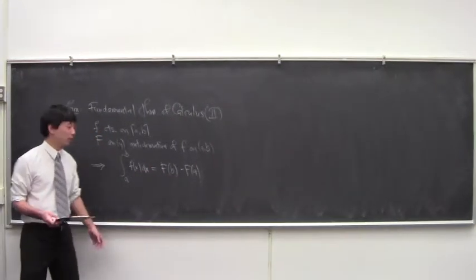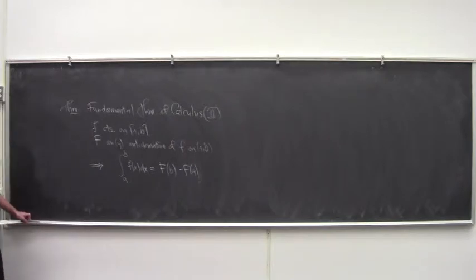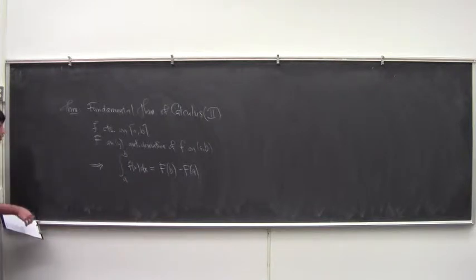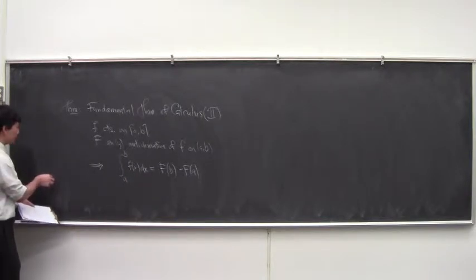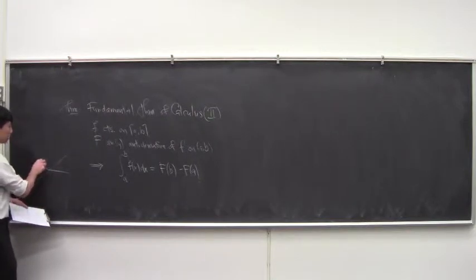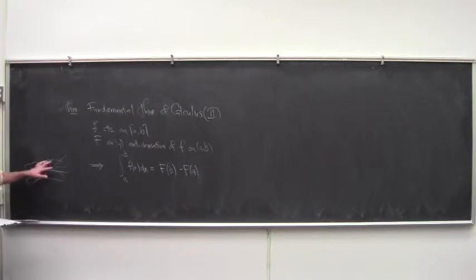When you go up to take calculus in several variables, you'll see that there are analogous things. For example, somebody asks you for the area of a region in the plane.